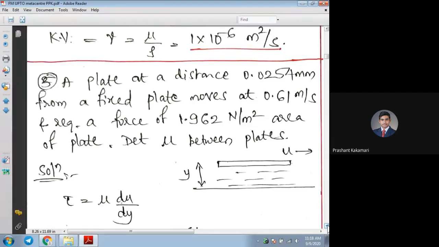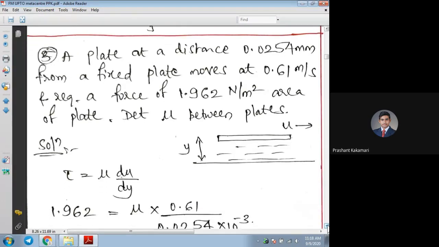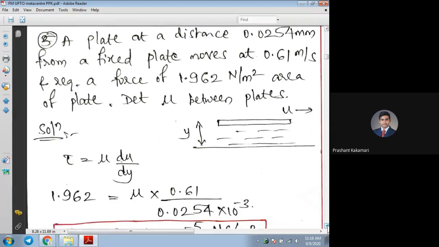Okay, so what we'll do is we'll just substitute the values in SI units. 1.962 is in Newton per meter square, so already in SI units. Mu we don't know, that is to be determined. Du, or the change in velocity u, is 0.61 meter per second in SI unit.